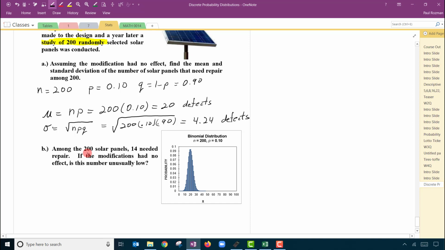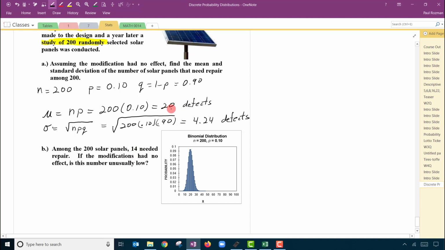So does this give us enough evidence to conclude that the modifications were actually helpful? Can we conclude that 14 is a big enough improvement over what used to happen? And what used to happen was we'd have 20 defects, typically, in a group of 200.